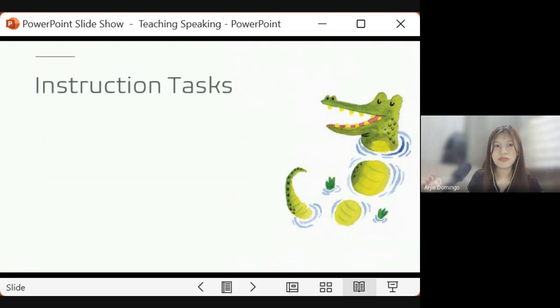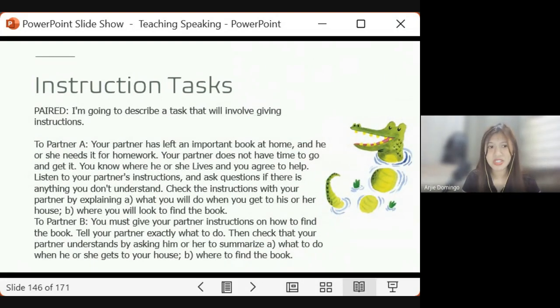And for the paired instruction task, right here, for example, I'm going to describe a task that will involve giving instruction to partner A. Your partner has left an important book at home and he or she needs it for homework. Your partner does not have time to go and get it.